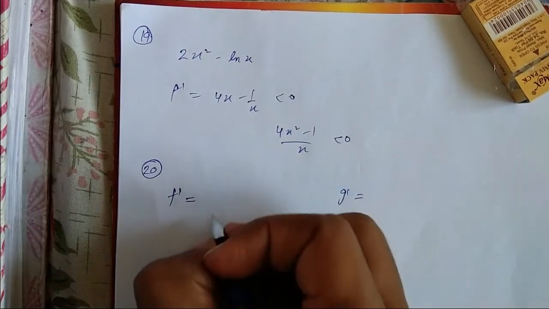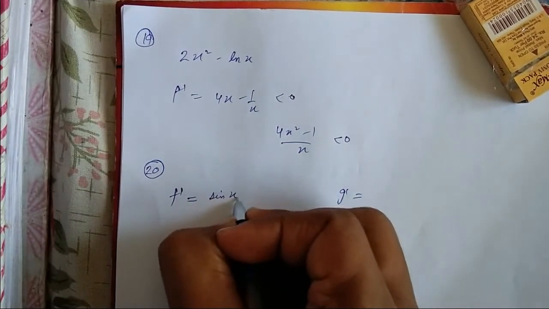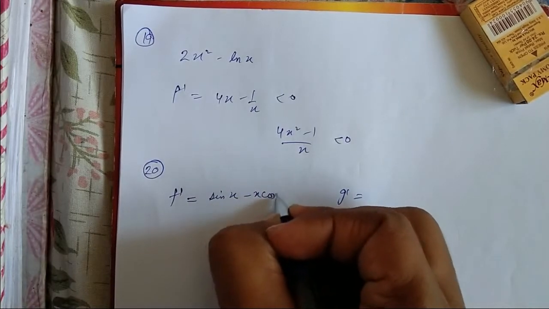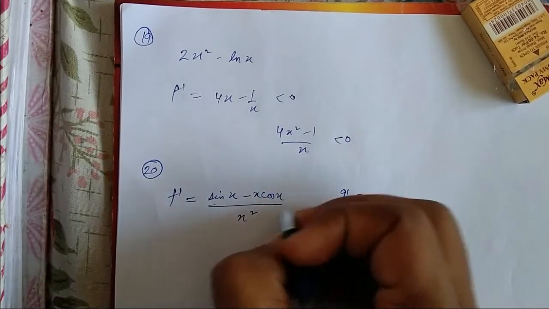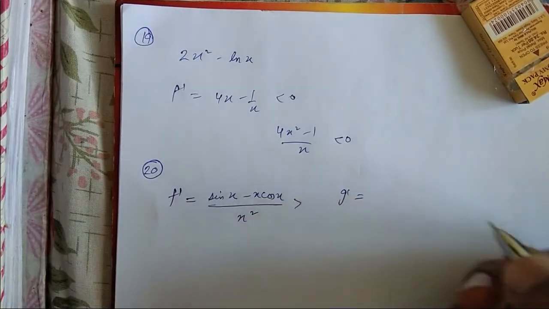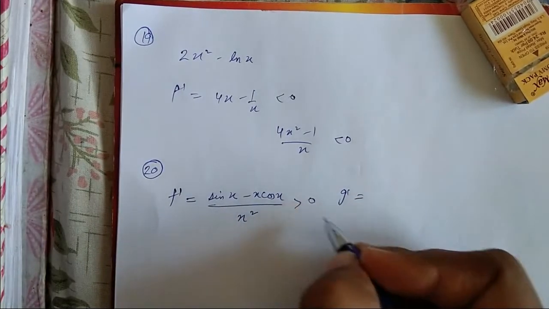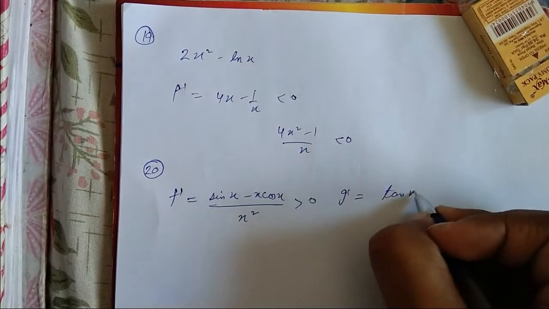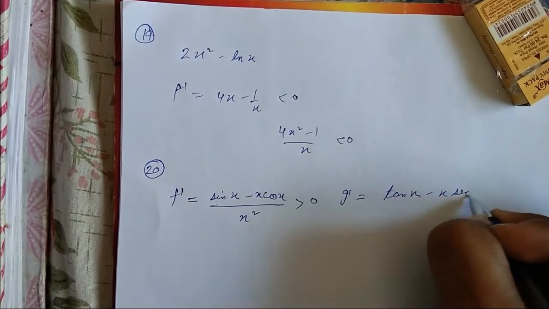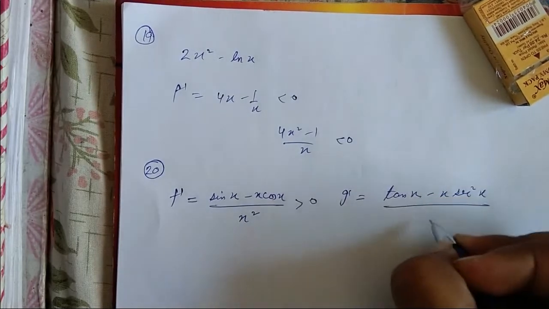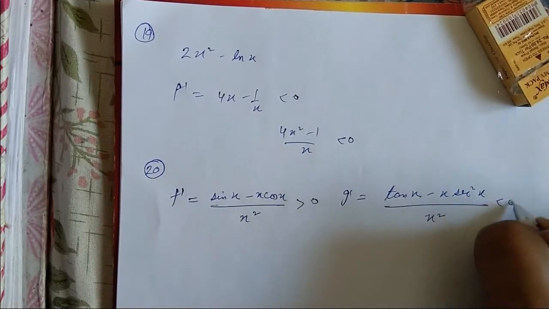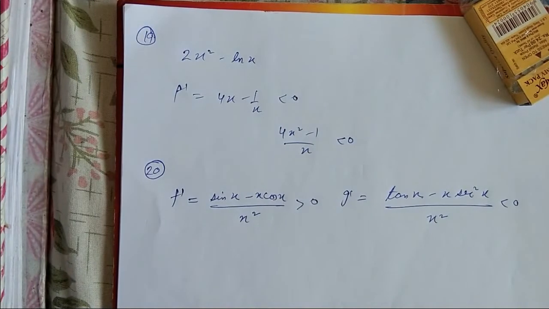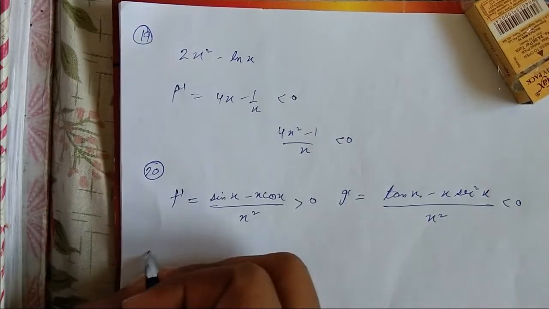So f dash would be sin x minus x cos x upon x square, which is greater than 0 for x belongs to 0 to 1, and g dash should be tan x minus x sec square x upon x square, which is less than 0 for x belongs to 0 to 1. Okay, so we can comment on the increasing and decreasing nature of these functions.